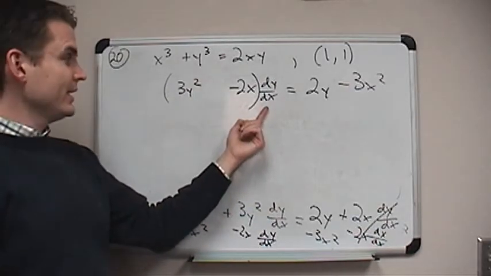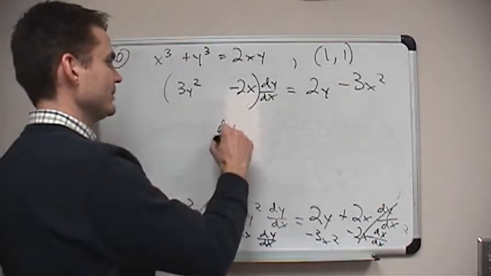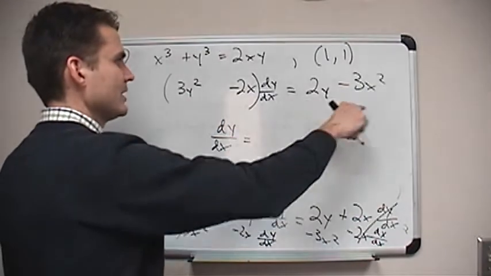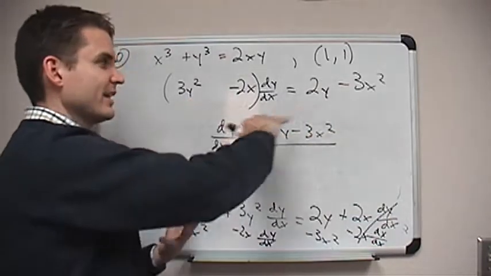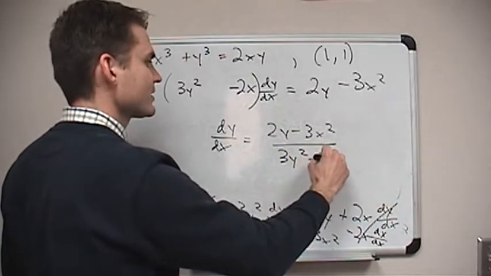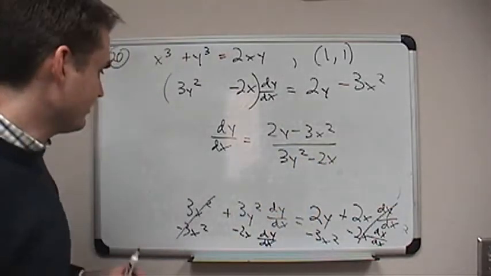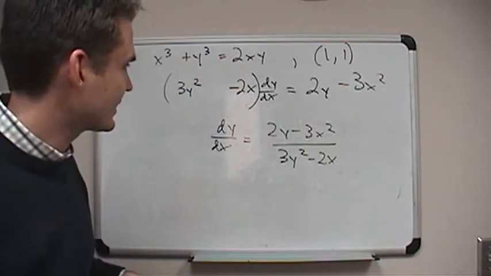And to get dy/dx by itself, I just need to divide this over to the other side. And I would get dy/dx equals 2y minus 3x squared, over 3y squared minus 2x.